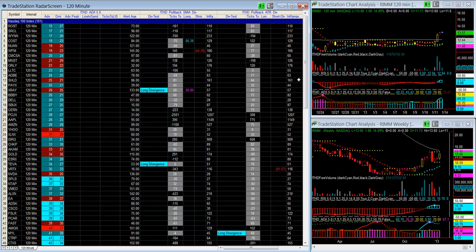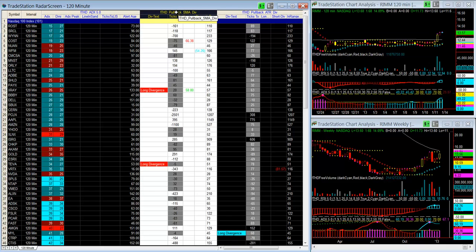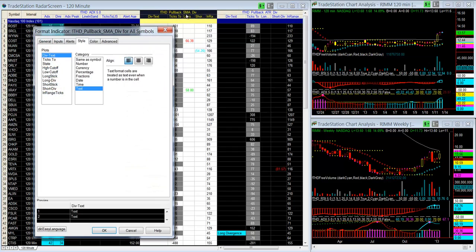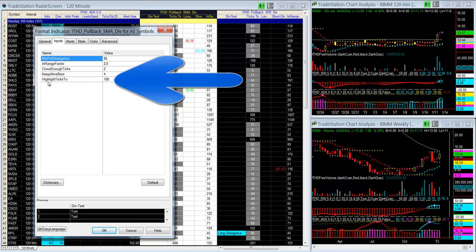But the first thing I want to do is look at the SMA and the ATR, because we are using stocks and stocks have varying prices. The first thing that I did was change the SMA and the ATR inputs so that Highlight Ticks 2 is set to 100.